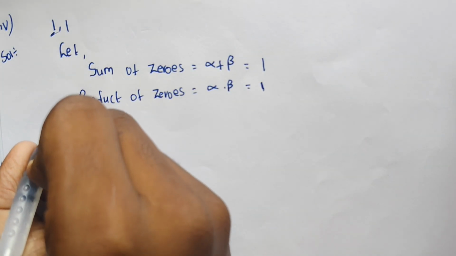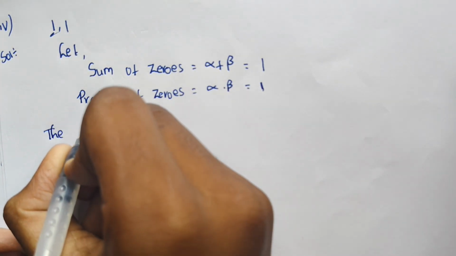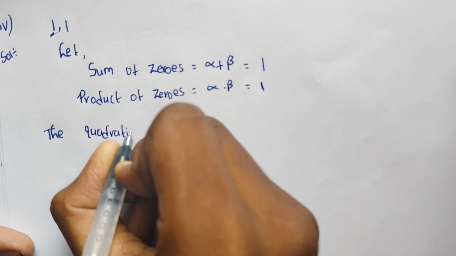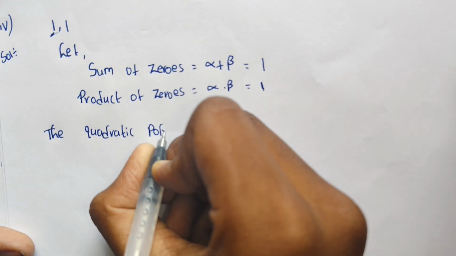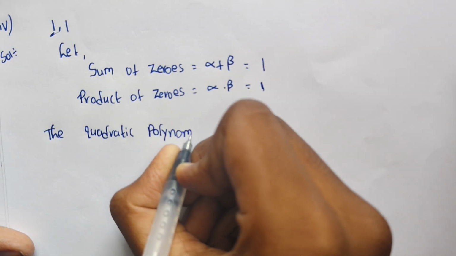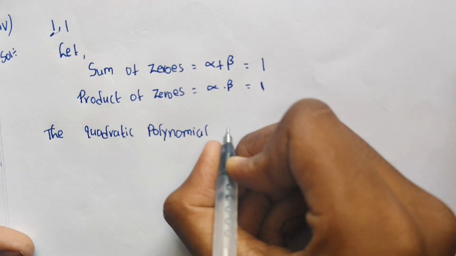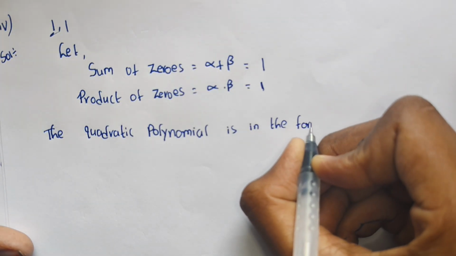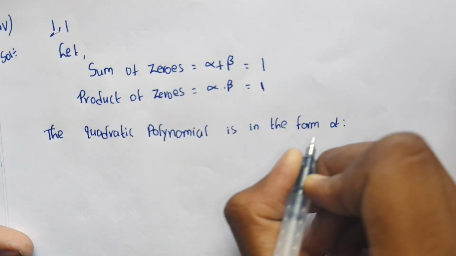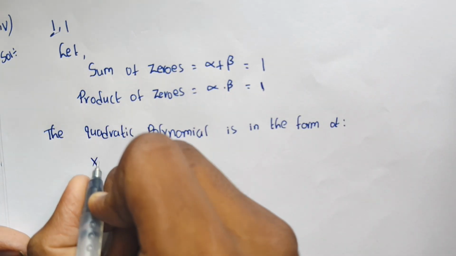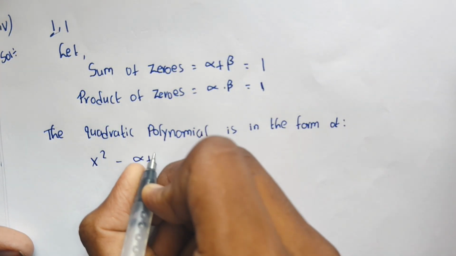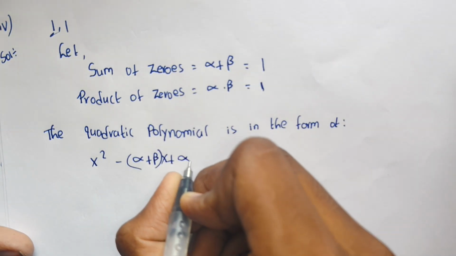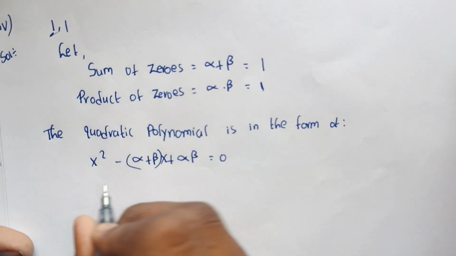Now I am writing the form of quadratic equation. The quadratic polynomial is in the form of x square minus alpha plus beta into x plus alpha into beta is equals to 0.